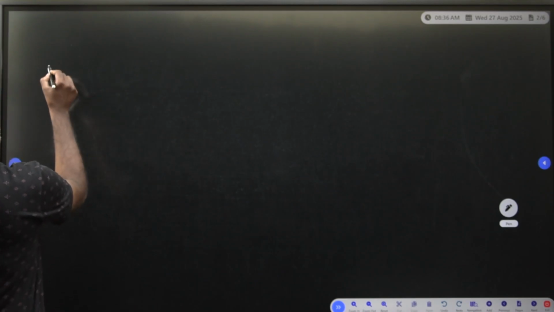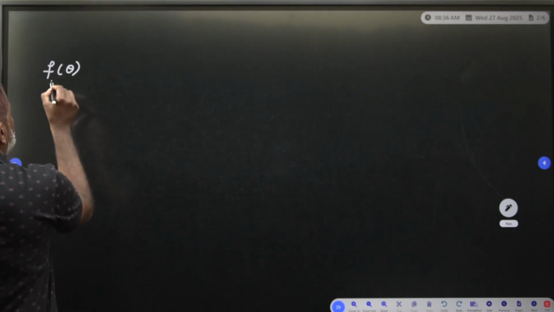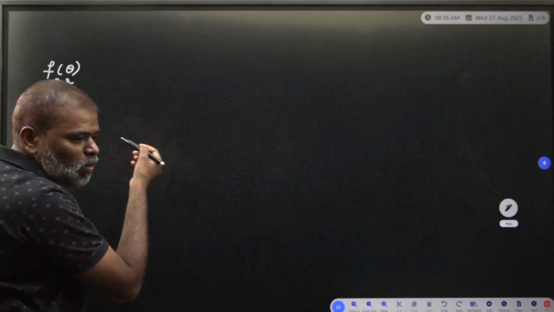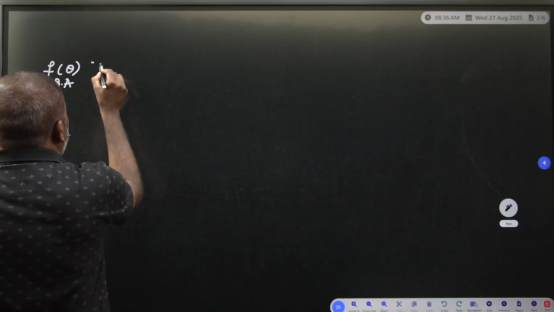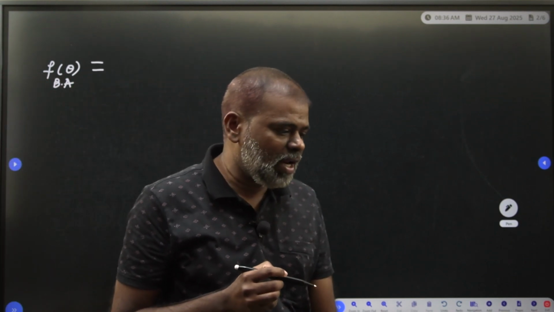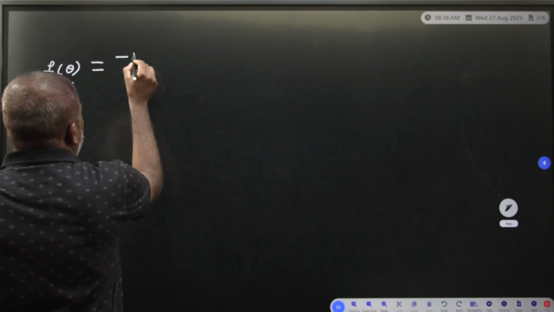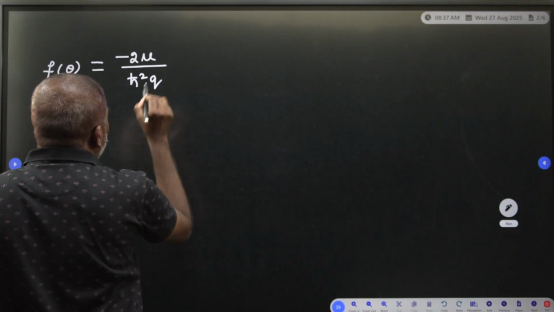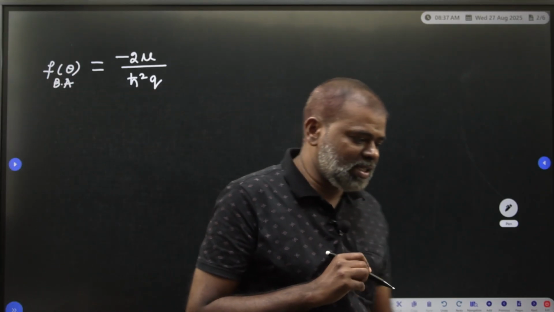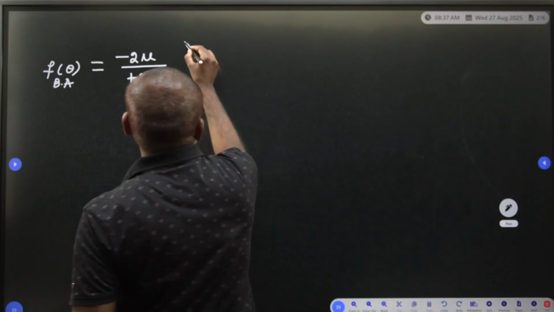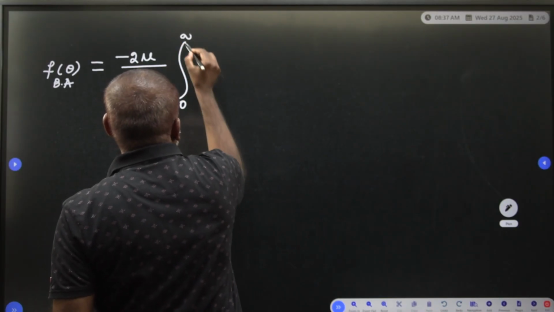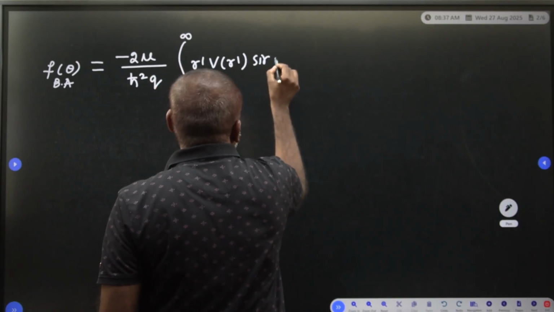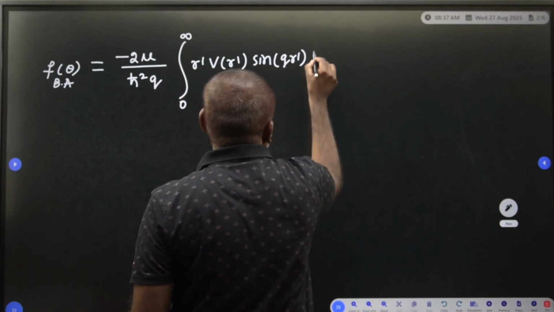The scattering amplitude under the Born approximation is given by a formula. What is that formula? It is minus 2 mu divided by h cut square into q, times the integral from 0 to infinity of r dash v of r dash sin q r dash into d r dash.